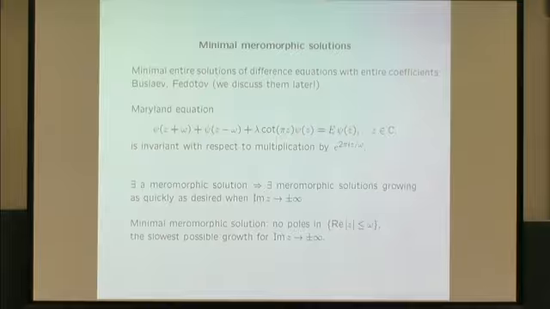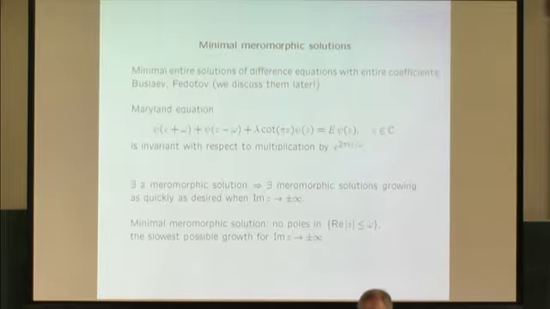We call the minimal meromorphic solution the solution that has no poles in this strip and has the slowest possible growth as the imaginary part of z tends to plus or minus infinity. Of course, if you take another similar strip, you get another meromorphic solution, but probably it will be more quickly increasing. It depends on the choice of this strip free of poles.